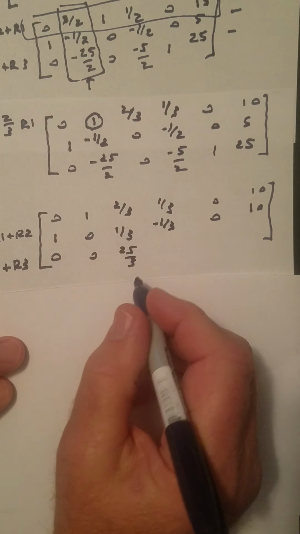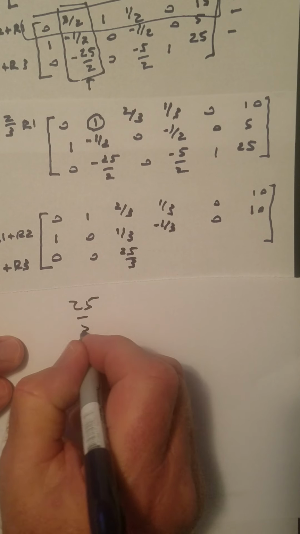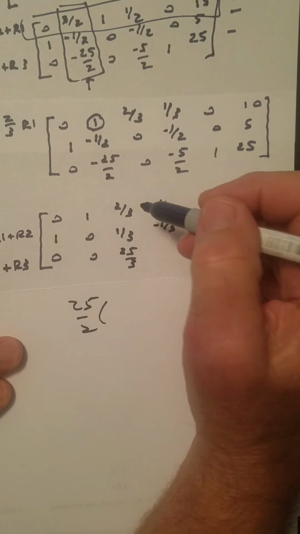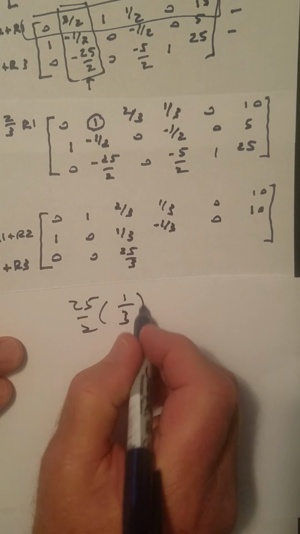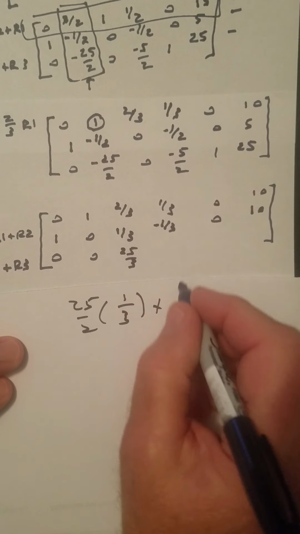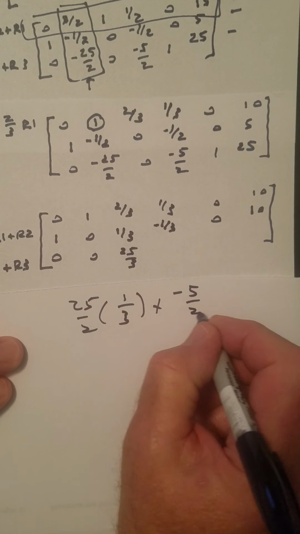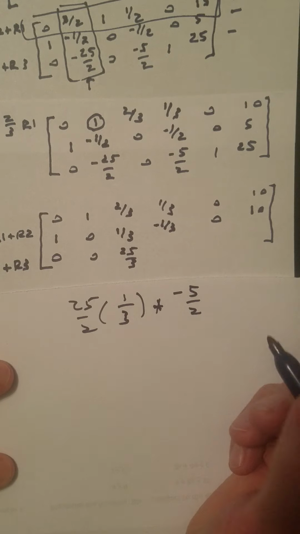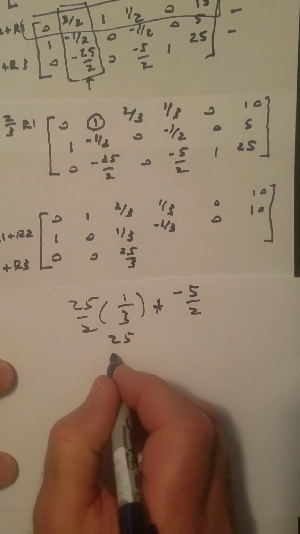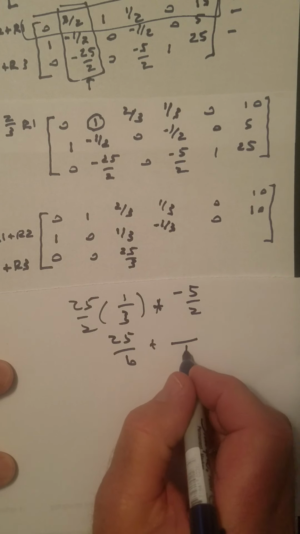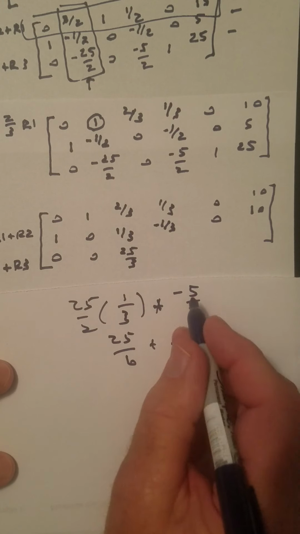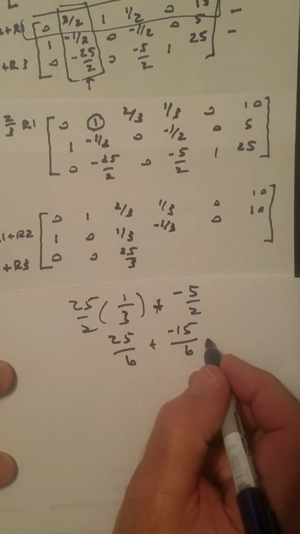So to get the next one, I'm going to take 25 over 2 times 1/3 and add that to negative 5 over 2. So that's 25 over 6 plus, if I get that over 6, common denominator, multiply by 3, so that's negative 15.